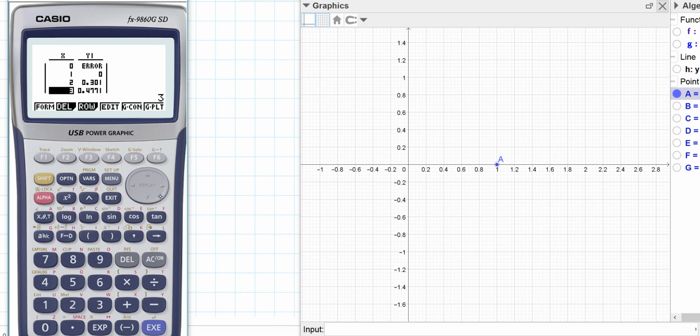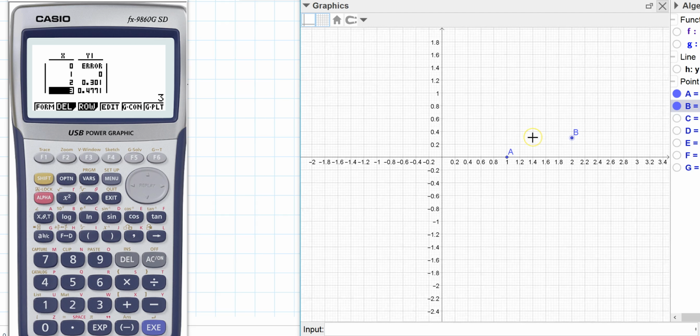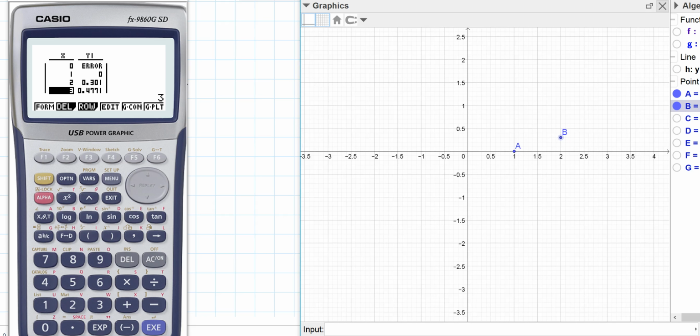When x is 2, y is 0.301. And I'm going to have to scroll out of here, so I've got a bit more space. Let me go up to 4. When x is 3, y is 0.471. And when x is 4, I've got y is equal to 0.6021, which is what we expect over there.